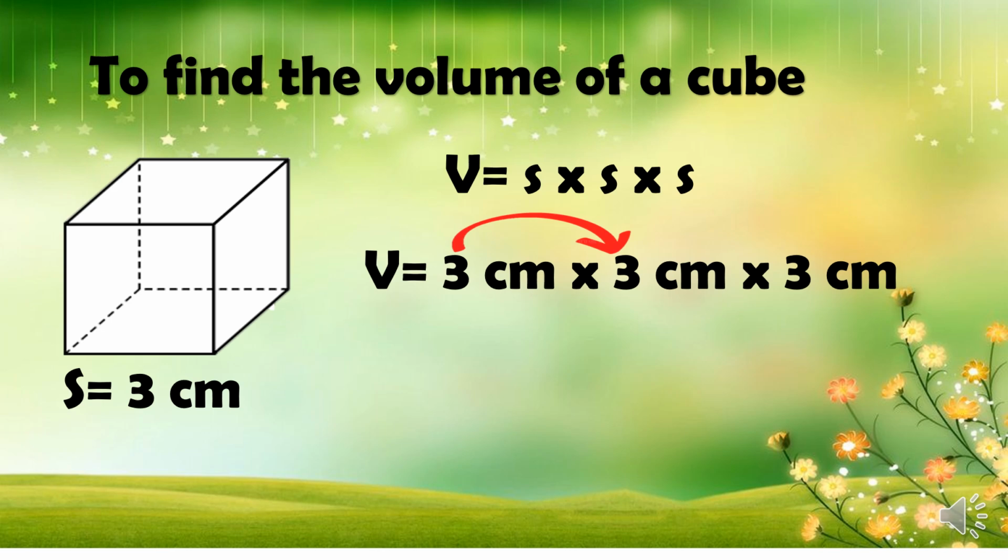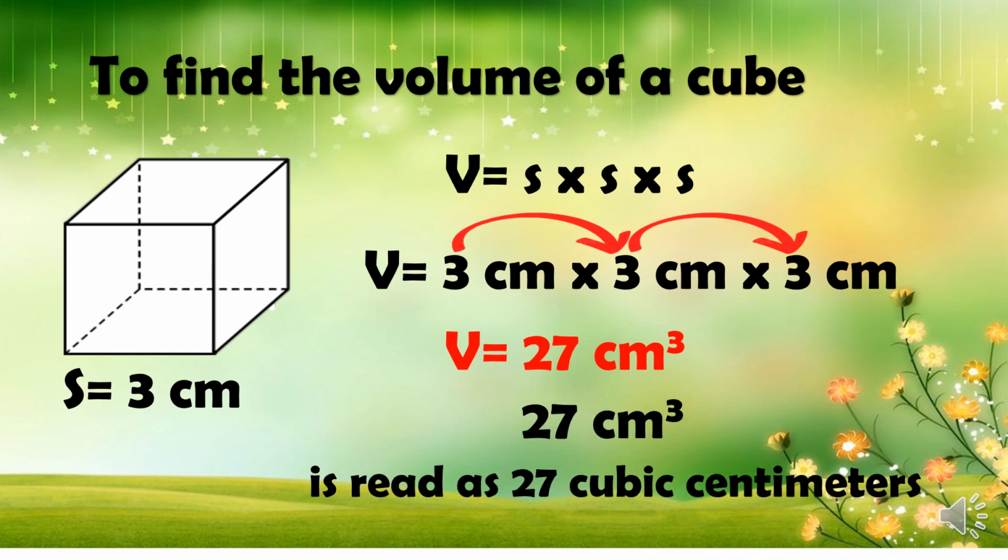So next we have to multiply 3 times 3 times 3. That will give us V equals 27 cubic centimeters. So 27 cm³ is read as 27 cubic centimeters.